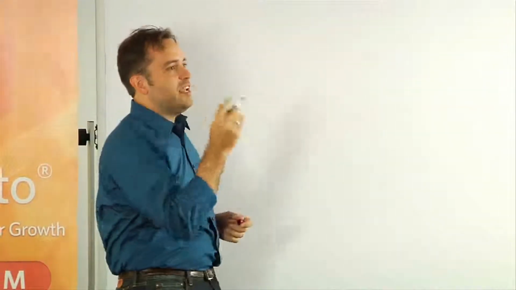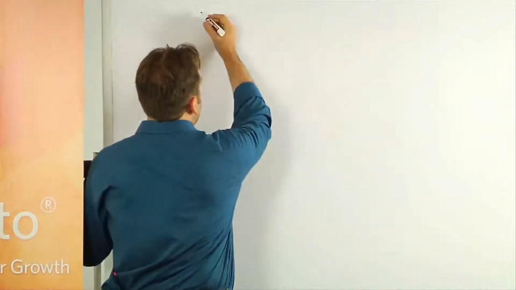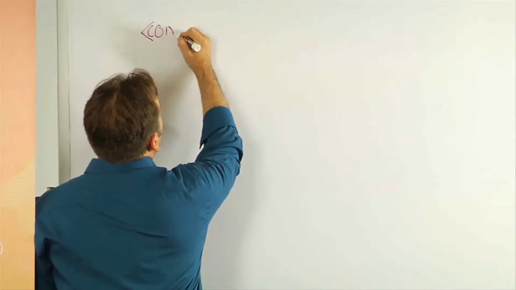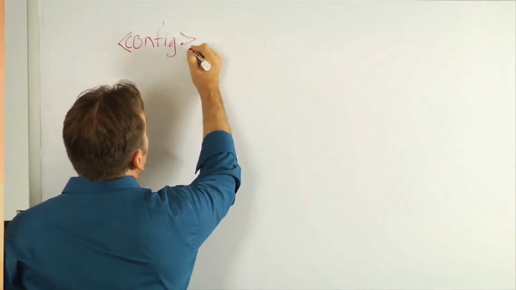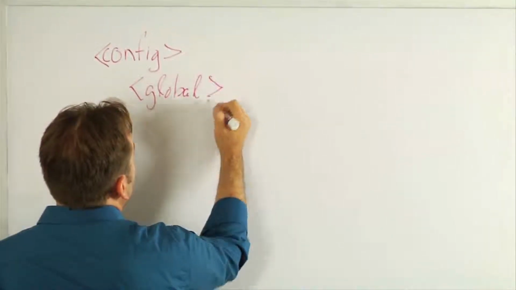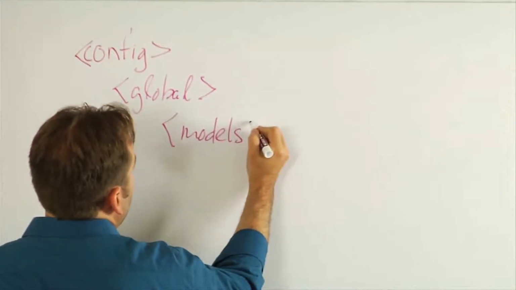I tend to use, so say in my module configuration, let's say I have config global models.